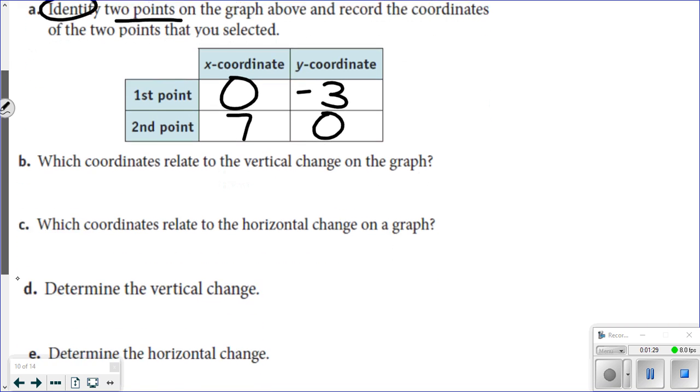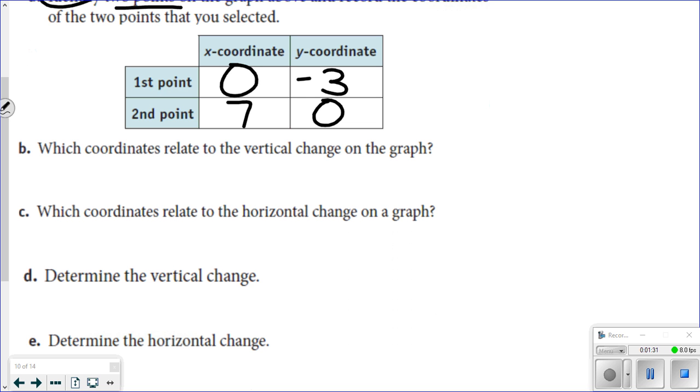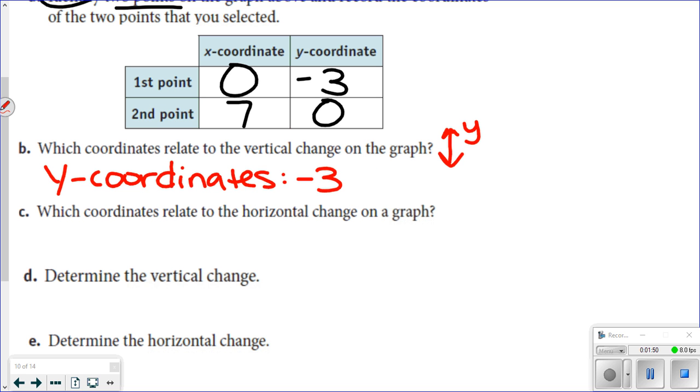Which coordinates relate to the vertical change? So vertical change, remember, is up and down. Your y values, your y-axis. So that would be -3 and 0.